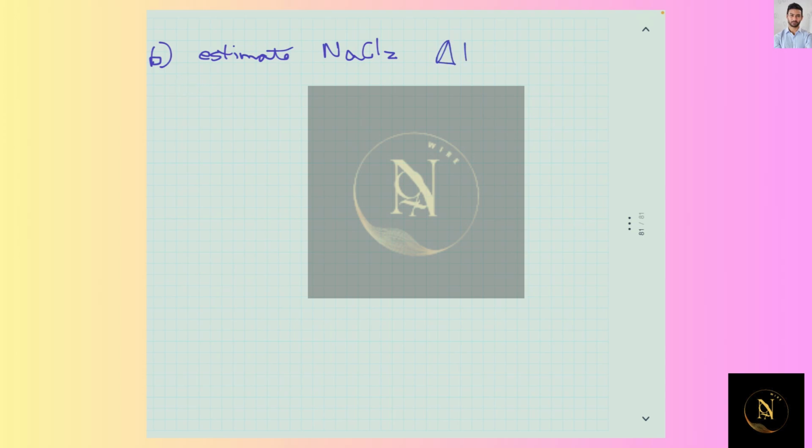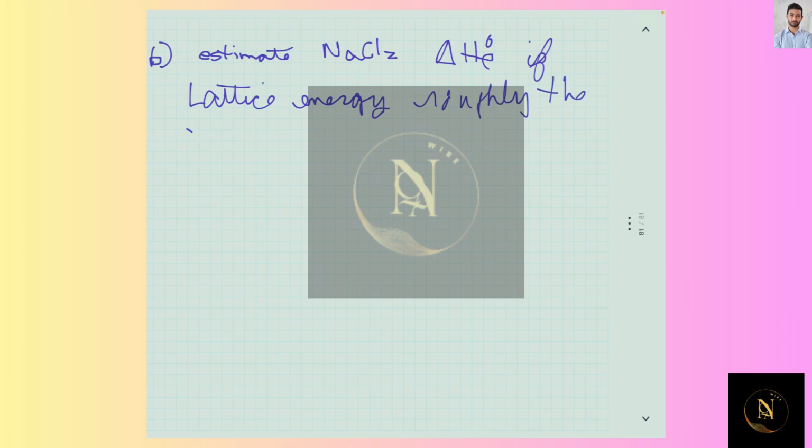Estimate NaCl2's delta heat of formation if the lattice energy is roughly the same as MgCl2, which was 2,326 kilojoules per mole. This one's pretty simple.